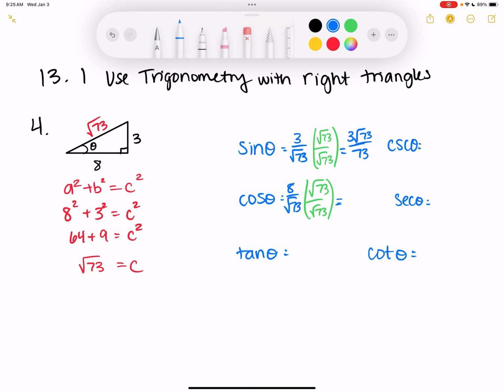So that's going to give me 8 square root of 73 over 73. If at any point it can be reduced, like if, say, 3 went into 73 or 8 went into 73 or whatever, I would reduce that, but it's not reducible, so I don't have to. Tangent is opposite over adjacent, so that's going to be 3 over 8.